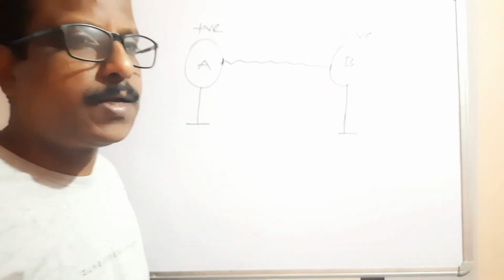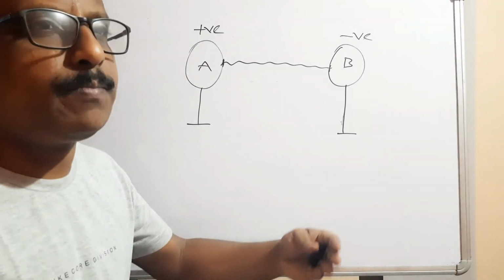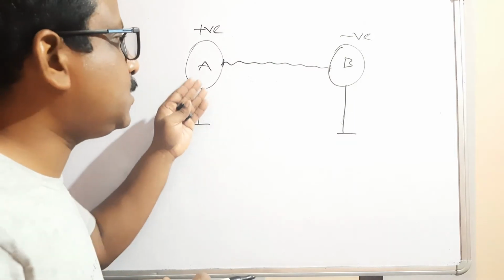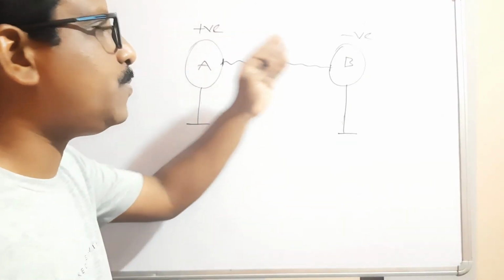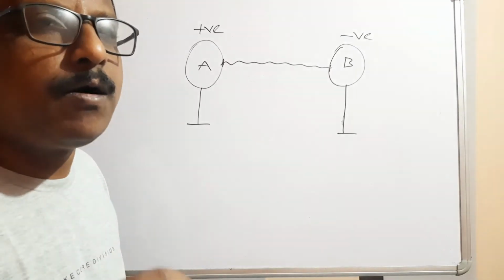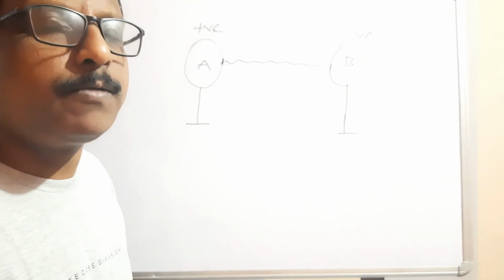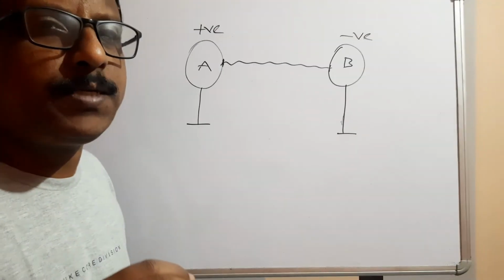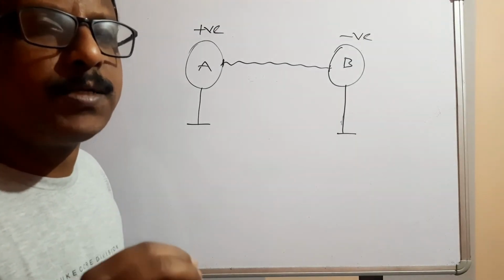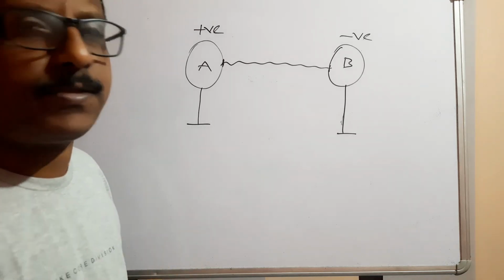You know from the work-energy chapter that if a body is displaced from one place to another, some work is done. Like this, when a charge is displaced from one point to another, some work is done. That is called potential difference. The amount of work done in moving a unit positive charge from one point to another in an electric field is called potential difference.